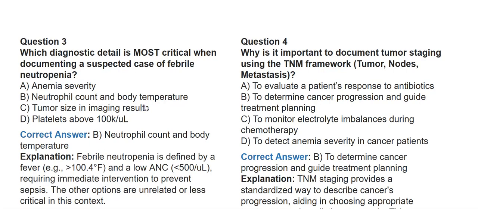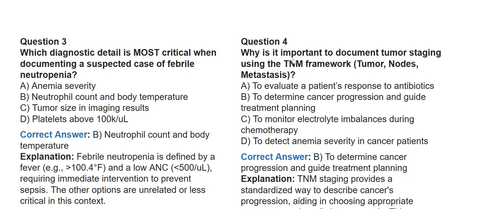The explanation here is that febrile neutropenia is defined by a fever, for example more than 100.4 degrees Fahrenheit, and a low ANC less than 500 per microliter, requiring immediate intervention to prevent sepsis.